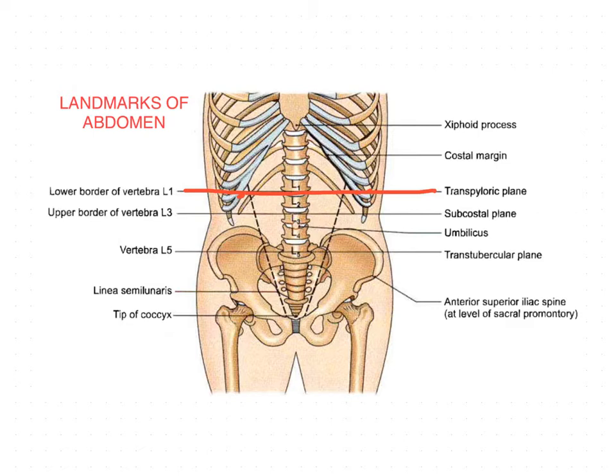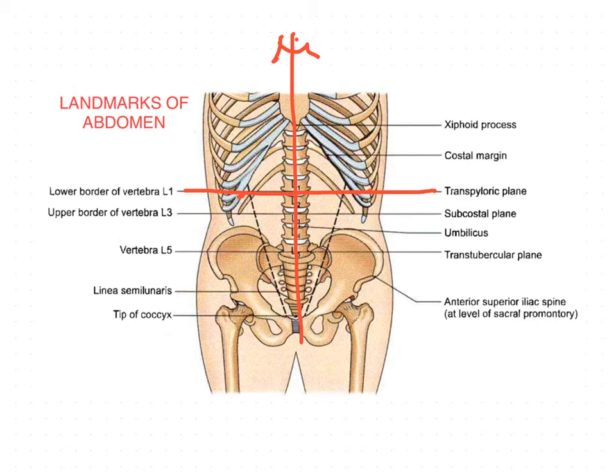This plane lies midway between the suprasternal notch and the pubic symphysis. We know the suprasternal notch lies above the sternum. If you draw a line from the suprasternal notch to the pubic symphysis, the transpyloric plane lies exactly at the middle of these two.